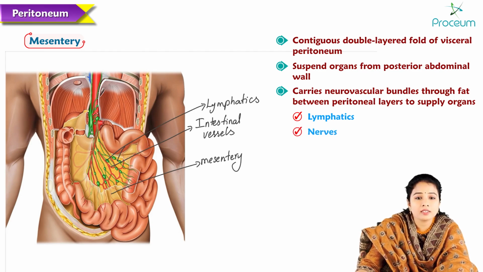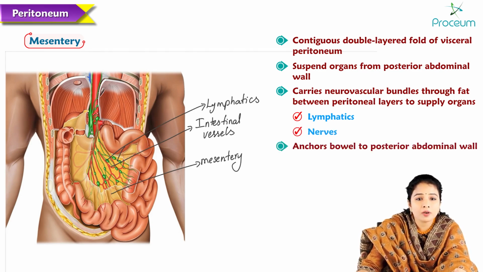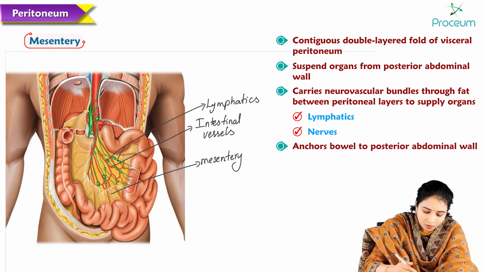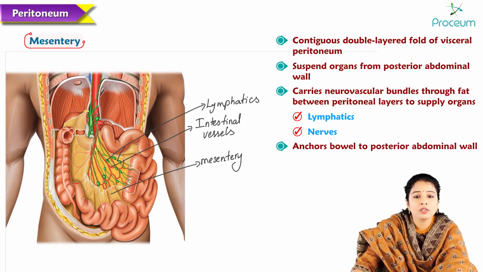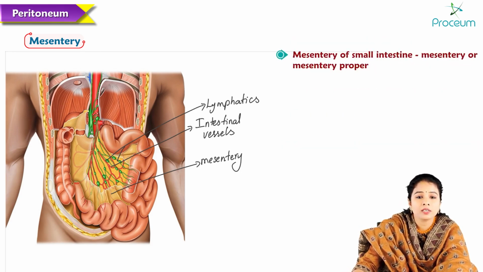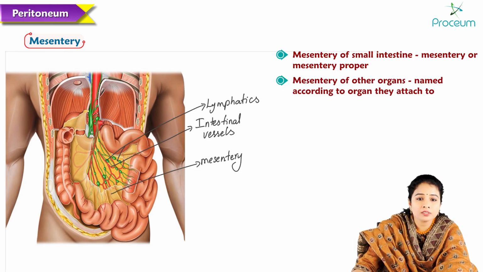And it contains the nerves and anchors the bowel to the posterior abdominal wall. So it goes and anchors to the posterior abdominal wall. The mesentery of the small intestine is simply called as mesentery or mesentery proper. The mesentery of other organs are named according to the organ they are attached to.